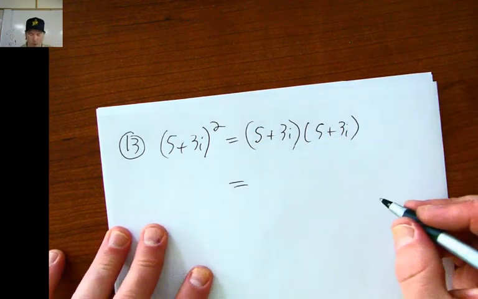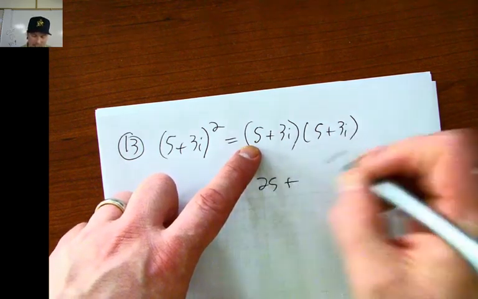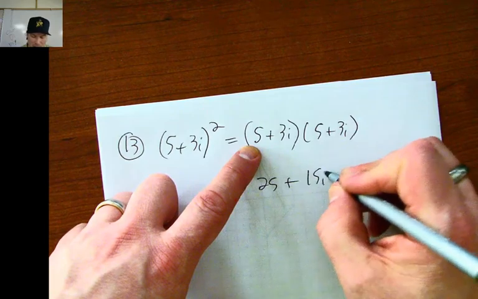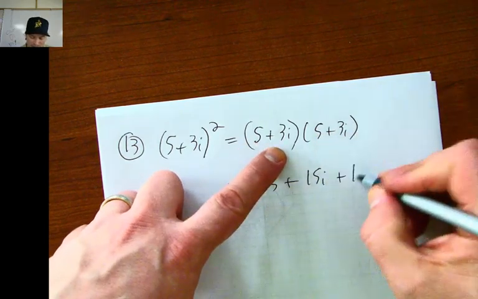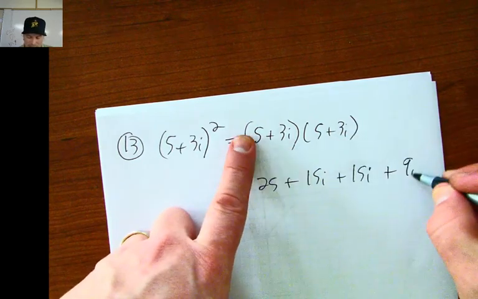Fully FOIL, or distribute. 5 times 5, 25, plus 15i, plus 15i, plus 3i times 3i, 9i squared.